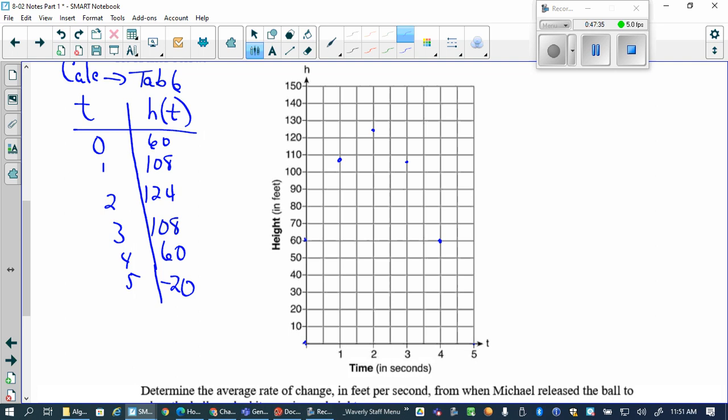About right. Notice we don't have the whole parabola here, right? If we were using the full graph, wouldn't this be negative time? And we're not going to deal with that though.